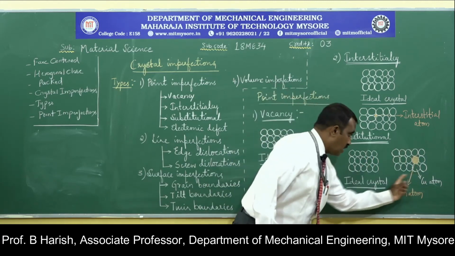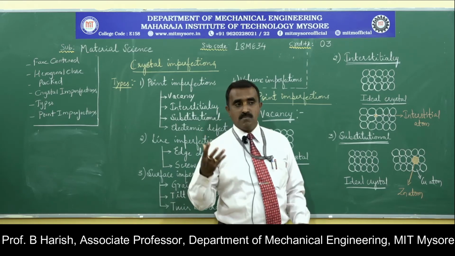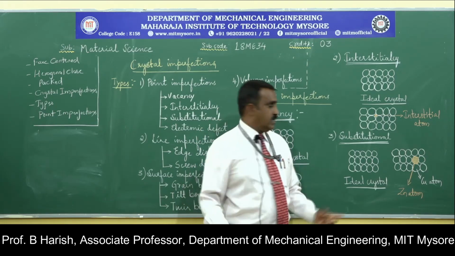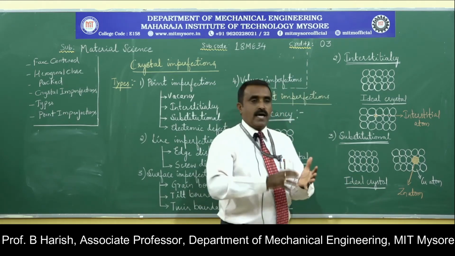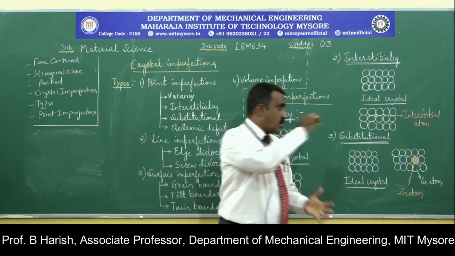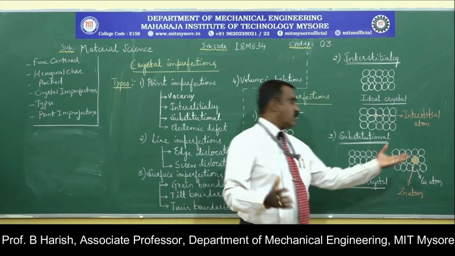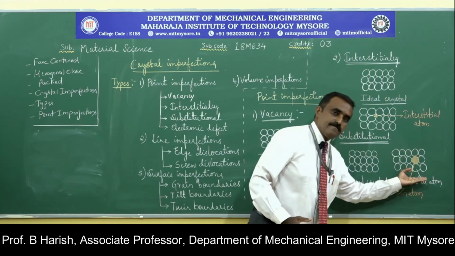Now here it is made up of copper atoms, but all copper atoms will not have the same energy level. Some may be weak, some may be strong. The zinc atom introduced into copper tries to move to where it can occupy a space. It occupies the space where weak atoms are. It substitutes for the weak copper atom and occupies that position.